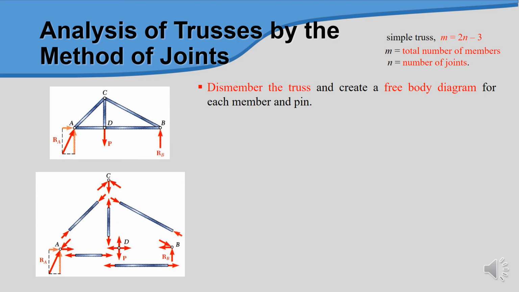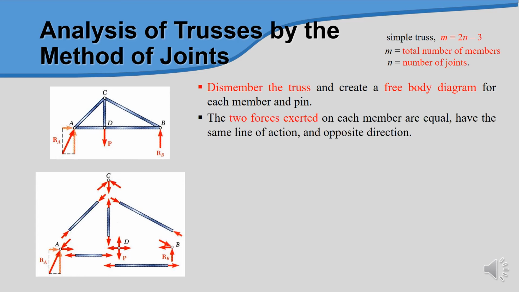So all free body diagrams will look something like this. The two forces exerted on each member are equal, because from Newton's third law they have the same line of action and opposite direction.